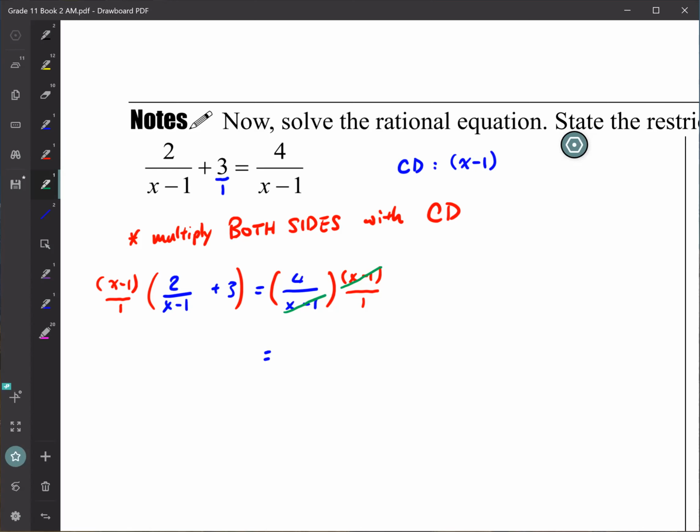Remember, when we multiply, we can reduce numerator and denominator if they are the same factor. Okay, so then on the right side, we are only left with 4. Now for the left side, because in the question we have 2 terms, so there's an adding, when you are multiplying, you need to distribute.